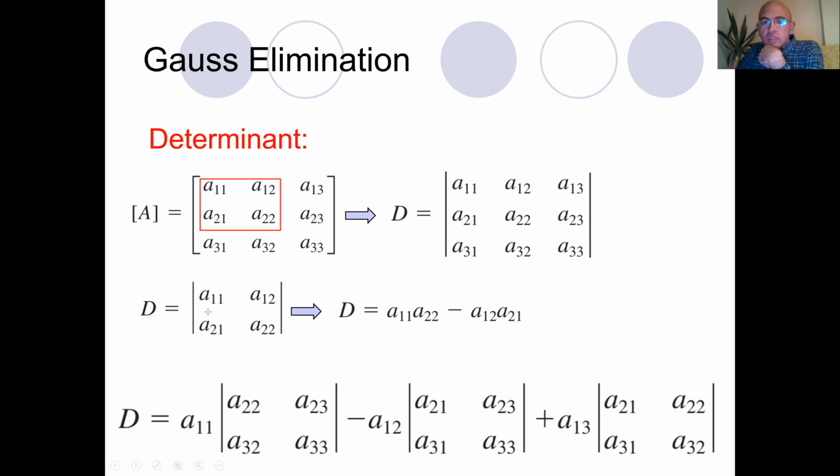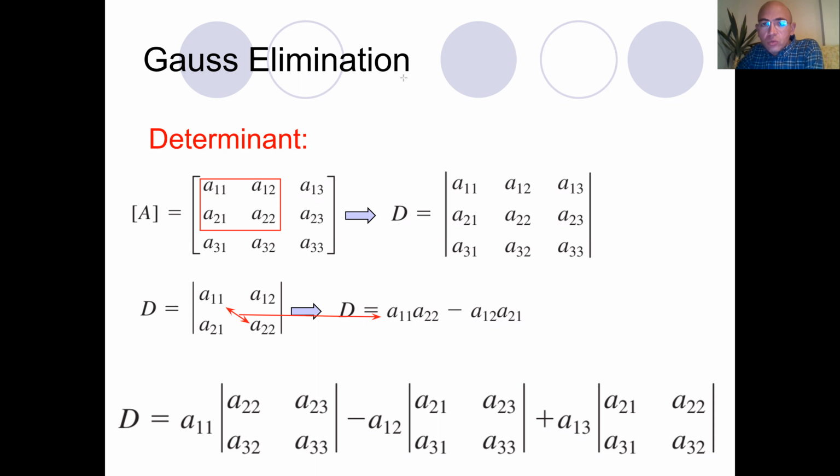Consider a matrix A11, A12, A21, and A22. Certainly, we can easily calculate the determinant of this matrix. First, we multiply A11 by A22, and this gives us this value.